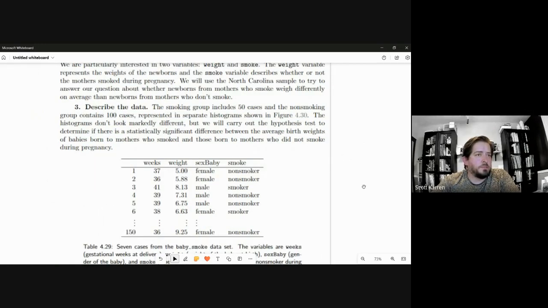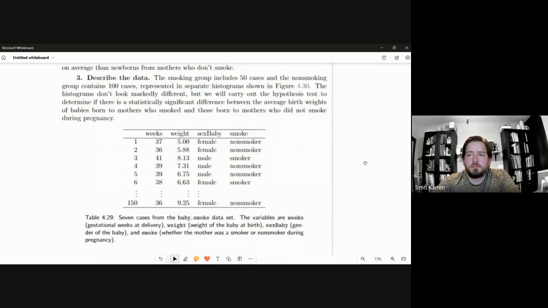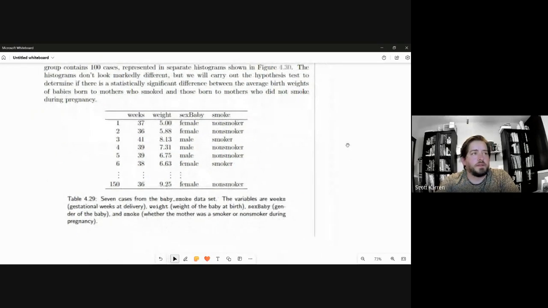The data is there, right? We have weeks, which is how many weeks they were at delivery, the weight of the baby, the sex of the baby, and whether or not they were smokers.